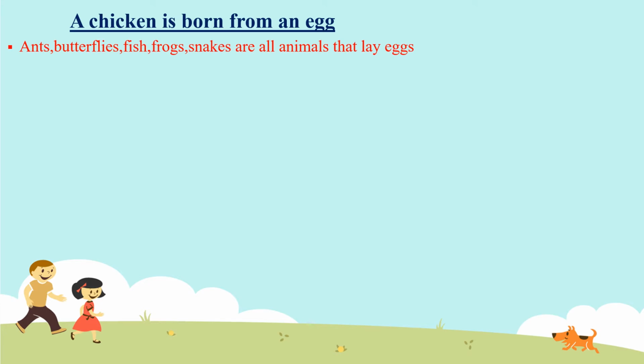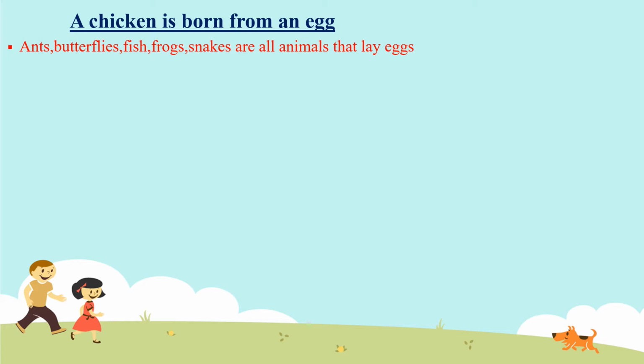A chicken is born from an egg. Ants, butterflies, fish, frogs, snakes are all animals and birds that lay eggs. But we do not often see their eggs. Why so? Because their eggs are very small and tiny.